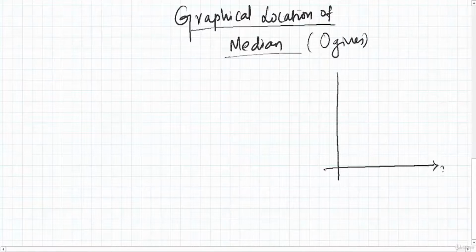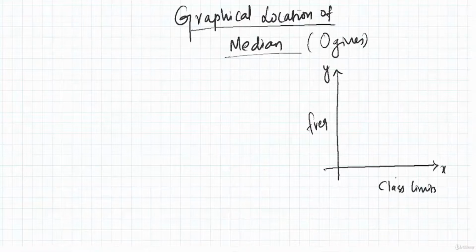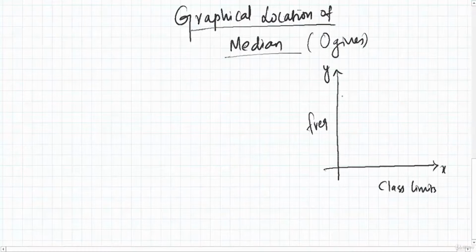Let's say this is my x-axis and this is my y-axis, and here I'm going to carry the class limits, and if I carry the frequency, then if I start plotting the cumulative frequency position for more than and less than limits, I would get a diagram like this.